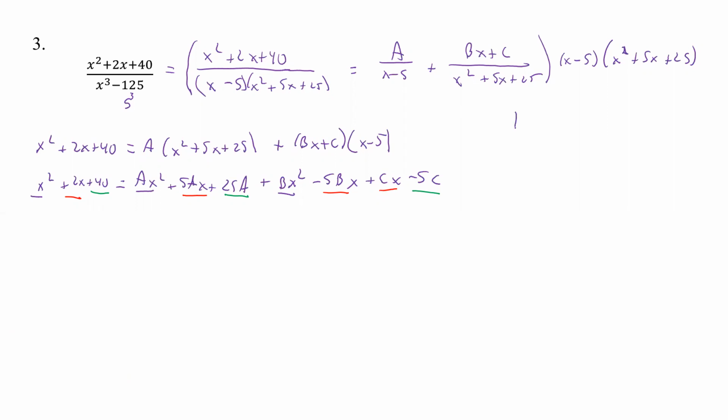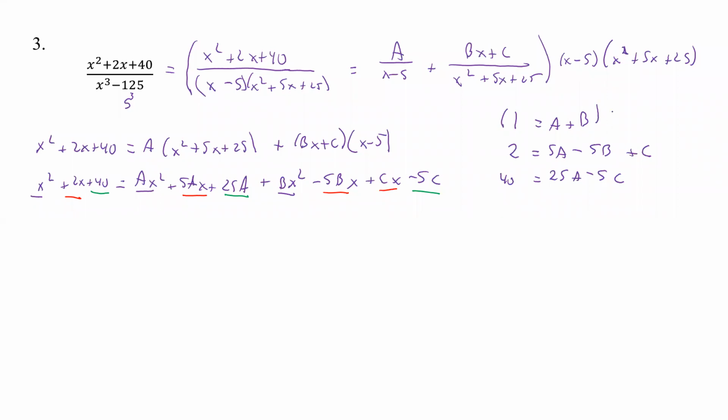And so we have 1 is equal to a plus b, and then the next one says 2 equals 5a minus 5b plus c, and then the next one says we have 40 equals 25a minus 5c. Okay. And if we remember last time, what we did is we added the first two equations together, got rid of the b, and then we had an a and a c together, which then we could add to the last one, and that looks like this is going to be the same thing we do here.